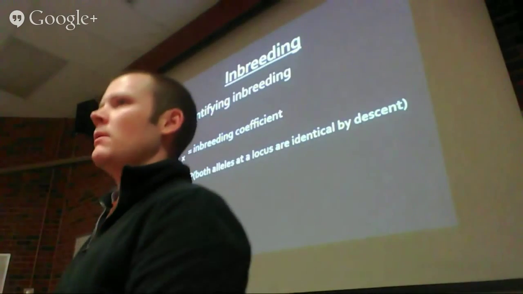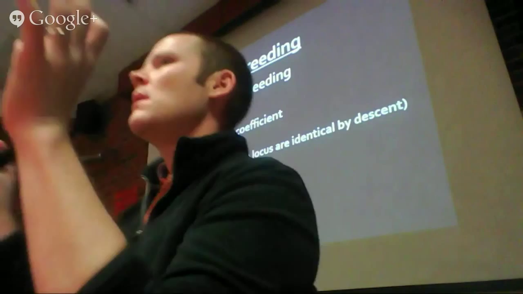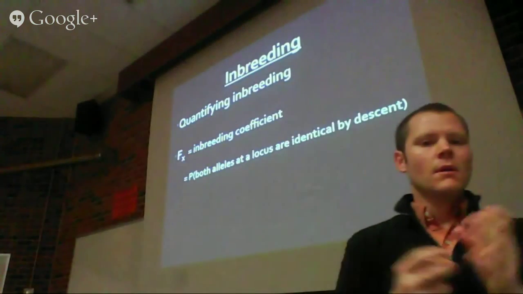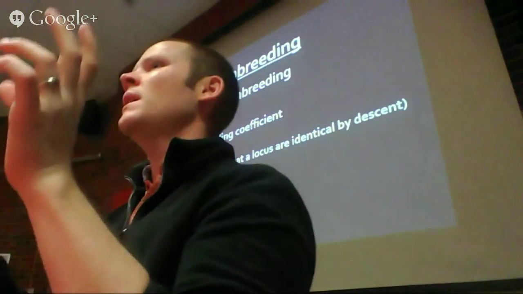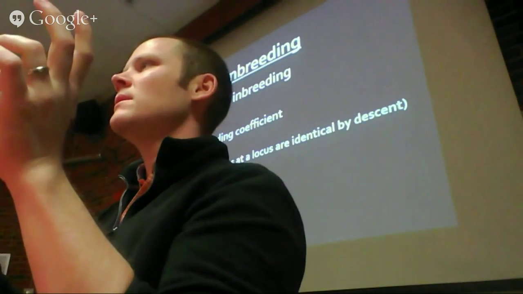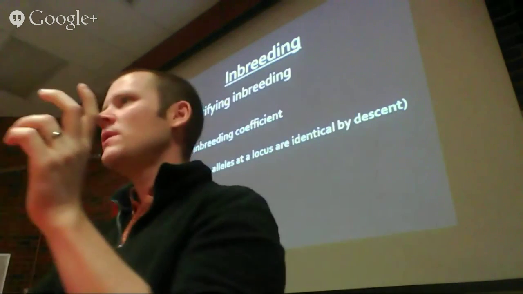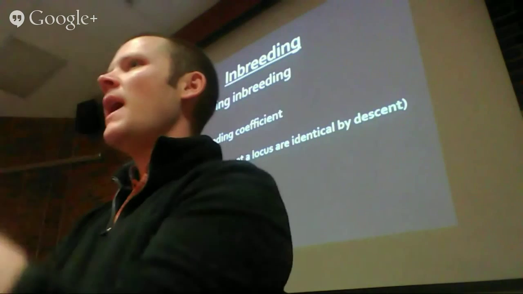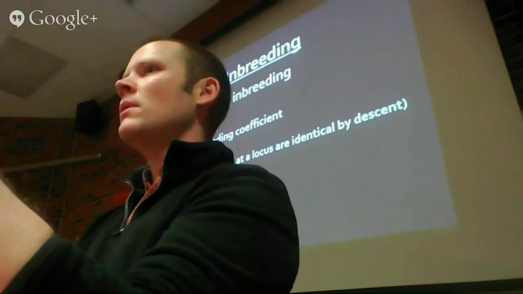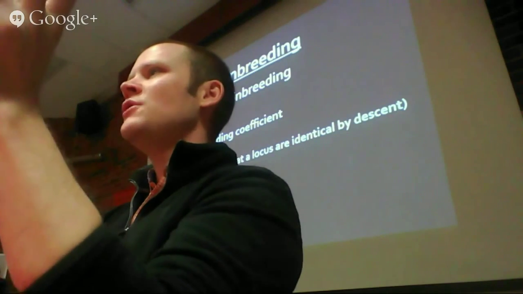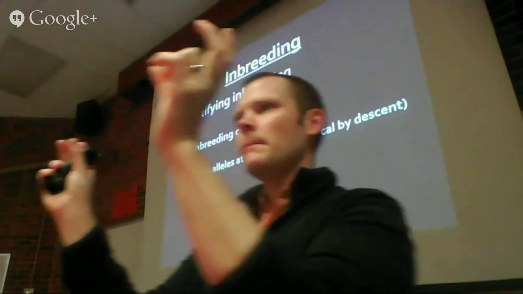That's really inbreeding, right? So if you think about the 2 chromosomes, 2 strands of DNA, we get one from the mother, one from the father. If we have inbreeding, what happens is we get a buildup where we have allele A, which came from the father, allele A, which also came from the father, right? Those got passed down. Recombination, they ended up the same, and they both came from the same individual, right?